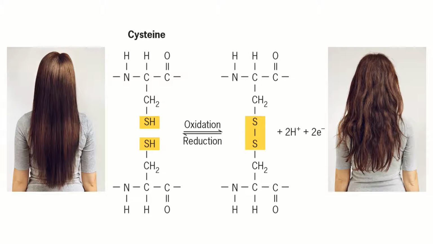Cysteine is actually present in the proteins of the hair, in keratin. Especially if you have curly or wavy hair.